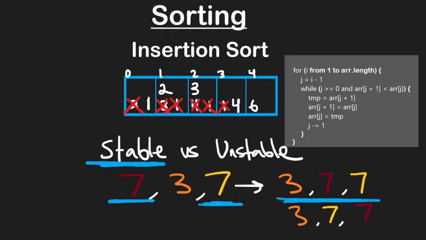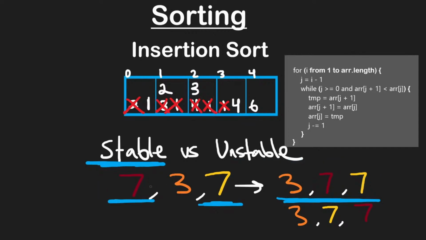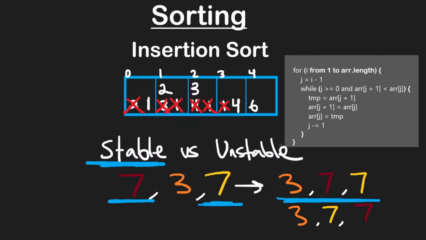And for some reason, if we wanted the original relative order of these two 7s to be preserved, meaning this one showed up first before this one, so it should go first in sorted order. That's called stable sorting. Unstable sorting might achieve this, but there's no guarantee. It's not necessary that that will be preserved, so it could have flipped them for some reason. We'll touch on this again as we continue, but my question for you, based on this, do you think the insertion sort algorithm is stable or is it unstable?